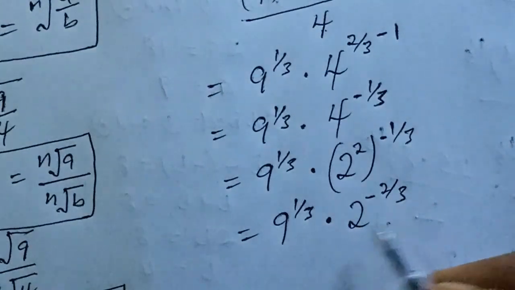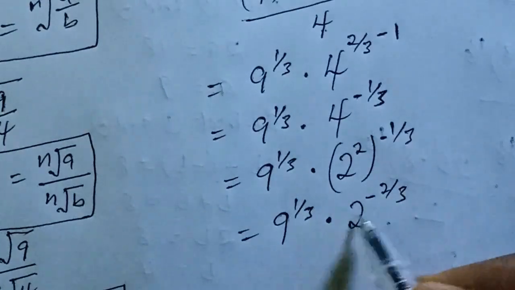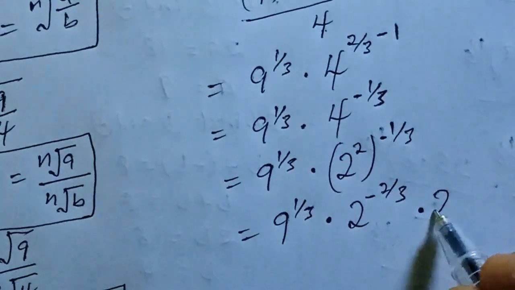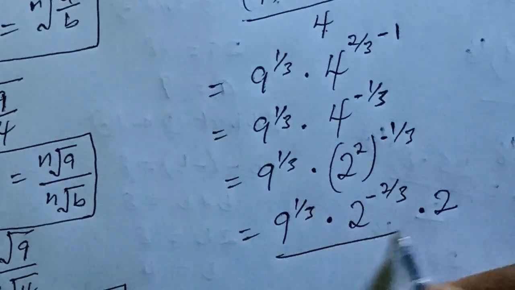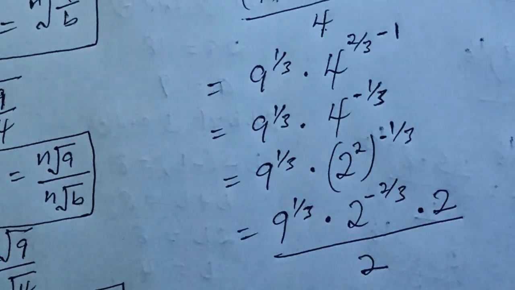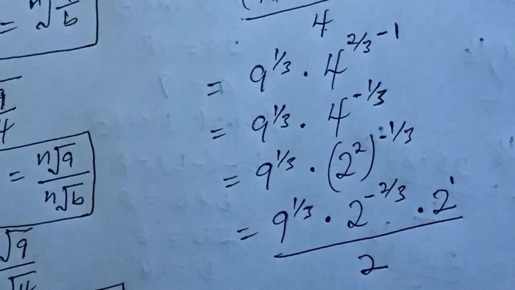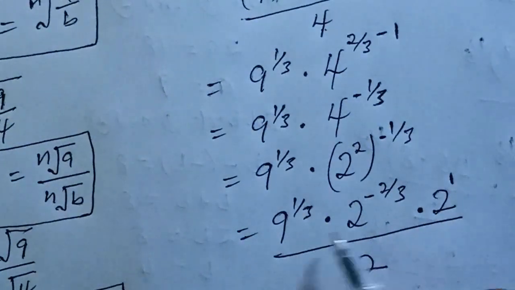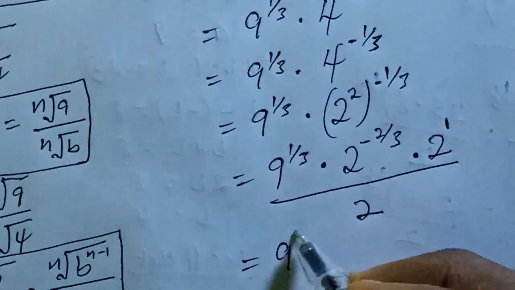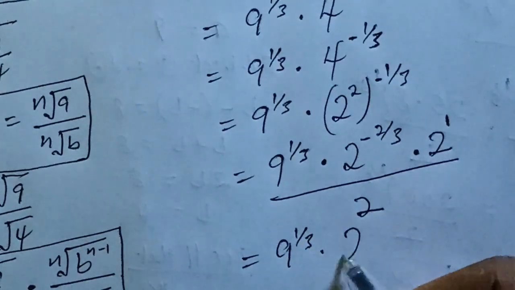Now from here, we can multiply and divide this step by 2. So we multiply by 2, then divide by 2. We have not done anything special. Then this can be written as raised to power 1. Then the next step becomes 9 raised to power 1 over 3 multiplied by 2.